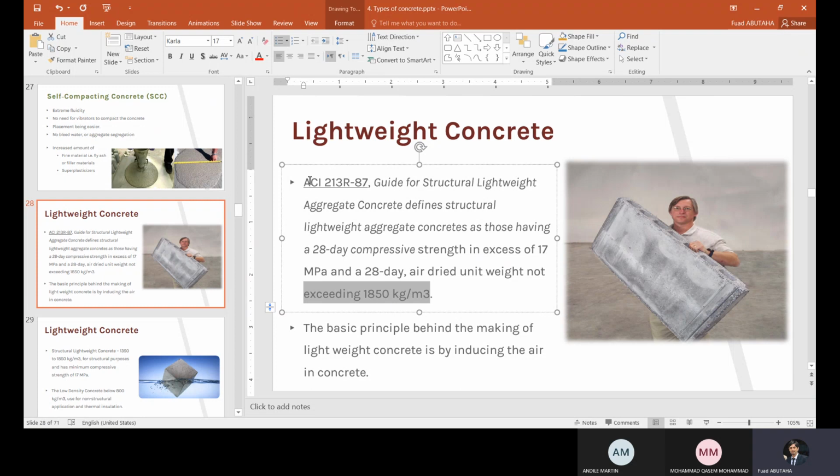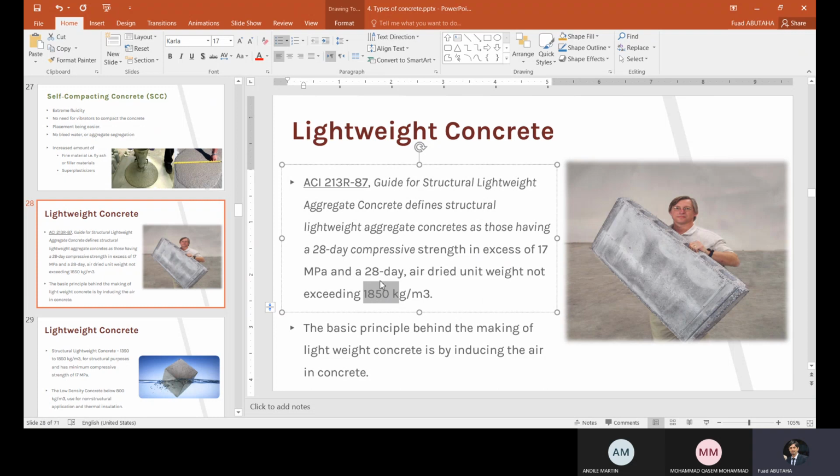The ACI standard defines that the density of lightweight concrete must be lower than 1,850 kilograms per cubic meter. If the concrete has a density lower than this value, we can call it lightweight concrete.